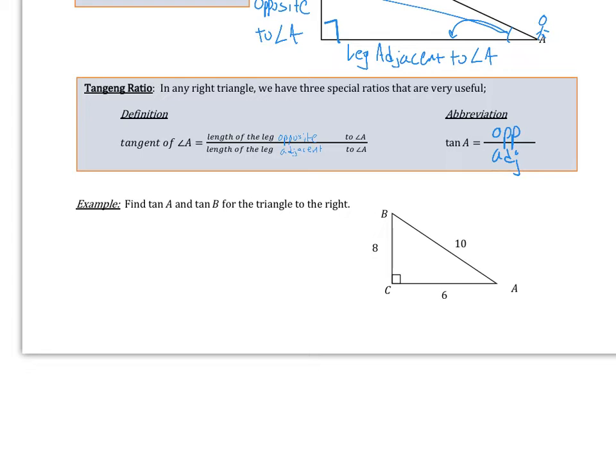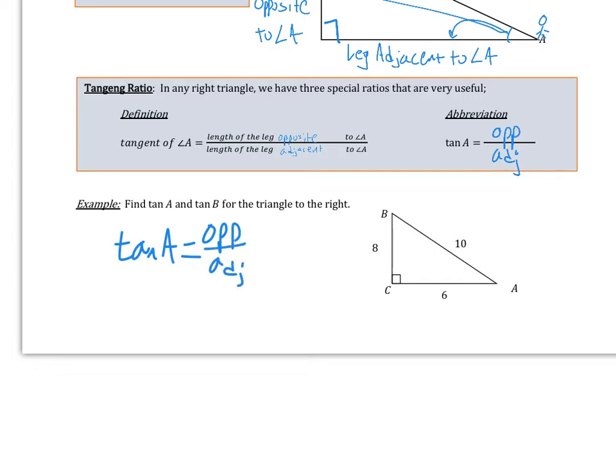Okay? So if we have a right triangle, like here's a right triangle down here at the bottom, we've got all the sides we know. And if we want to find tan A, I know it's getting close to summertime, but we're not talking about the tan you get outside. That is the tangent. Even though we write it as tan A, it means tangent. And we find the tangent by the opposite over the adjacent.